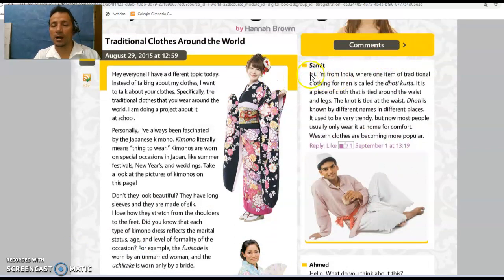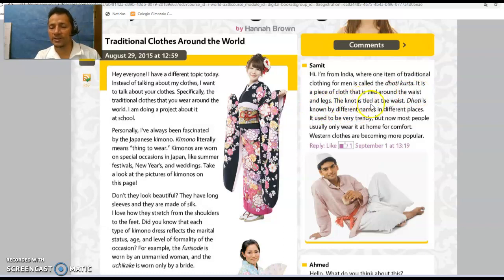Sami: Hi, I'm from India, where one item of traditional clothing for men is called the dhoti. It is a piece of cloth that is tied around the waist and legs.